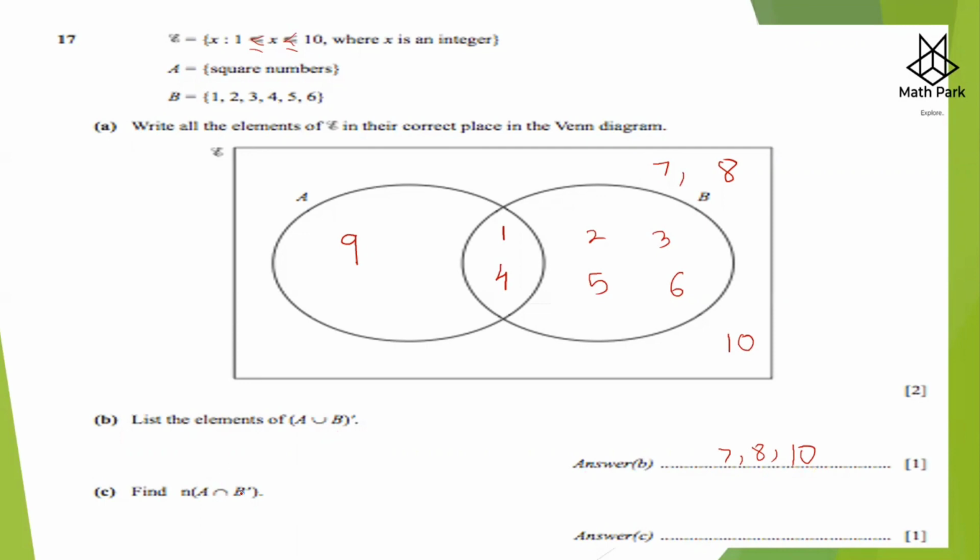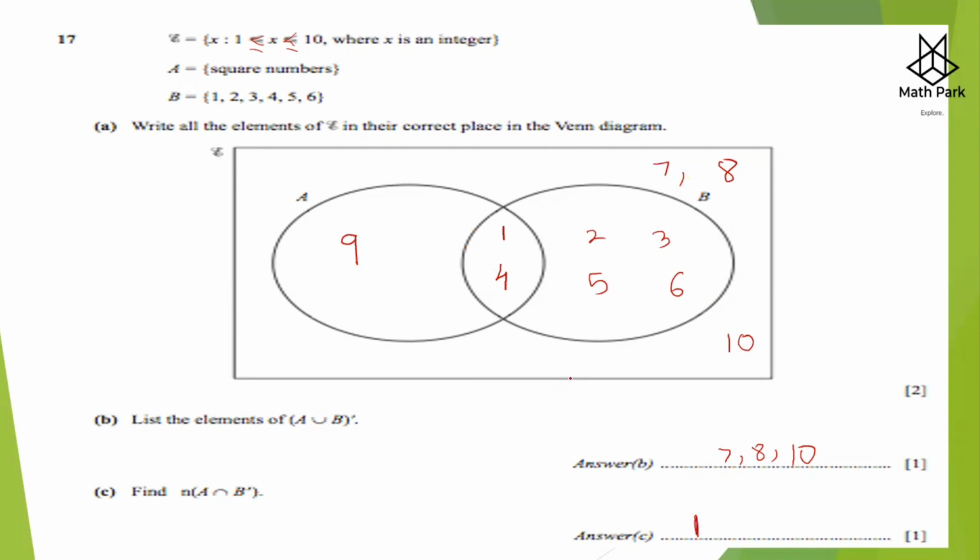So A intersection B complement is what is not in B. What is not in B is going to be the common elements which are in A and which are in B complement. Okay, but which should be in A also. So in A, it is only 9 and B complement, it is 7, 8 and 10, but which are not in A. So only one element, that is 9. So there is only one element, that is 9.